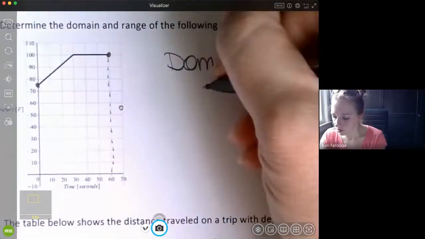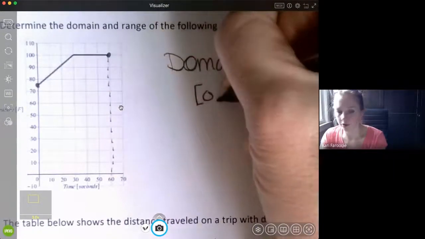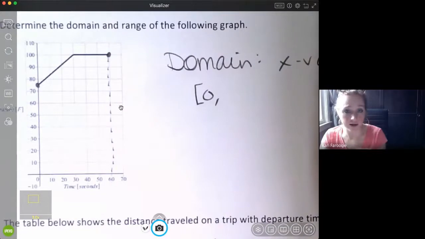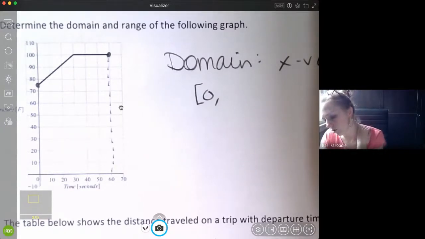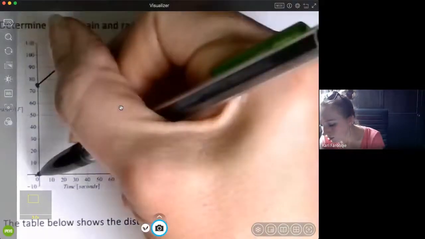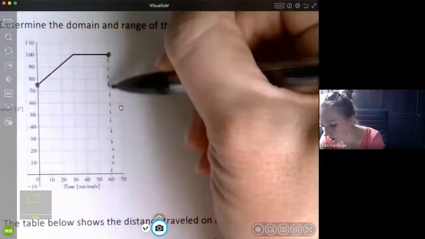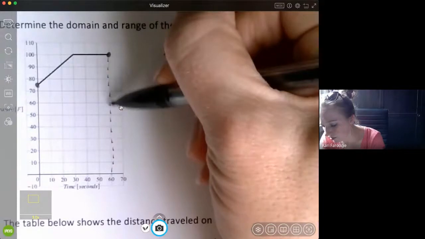So we're going to start our domain at 0, and I'm going to use a bracket and not a parenthesis. I'm using a bracket because it looks like the point actually exists at 0.75. So I'm going to use the bracket for 0, and we're going all the way up to x equals 60, and we have points graphed up to x equals 60.